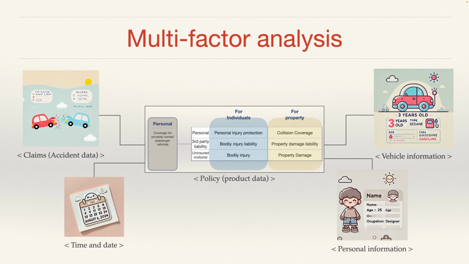As an example, let's say you were still focusing on collision coverage, then within that collision coverage, what kind of vehicles are there? And what kind of levels of vehicles are there? And what are the personal information related to those vehicle information? Like this, you can use multiple factors in your analysis and go deeper as you analyze things.